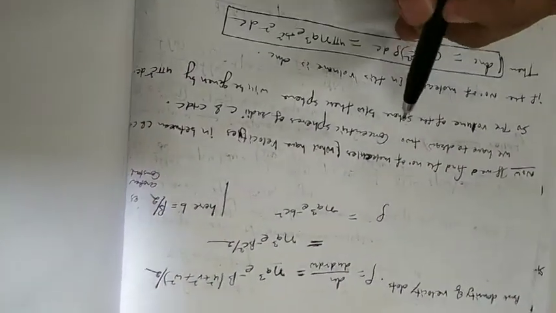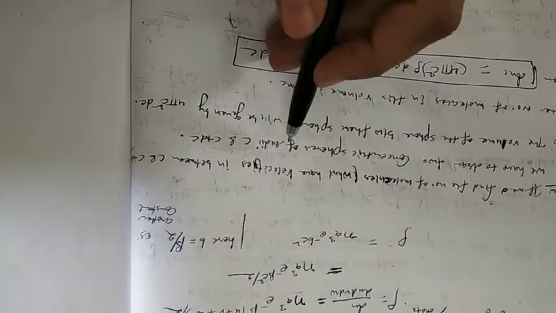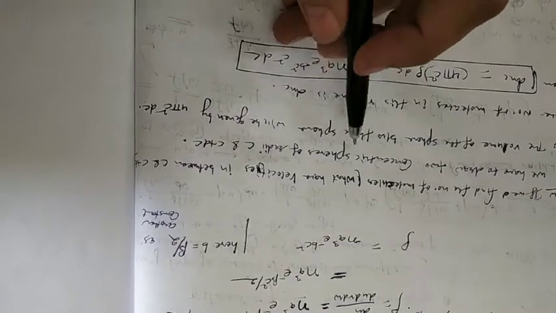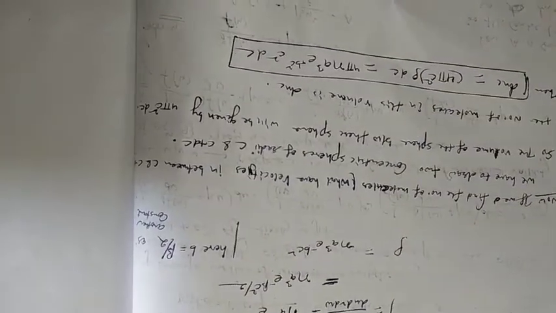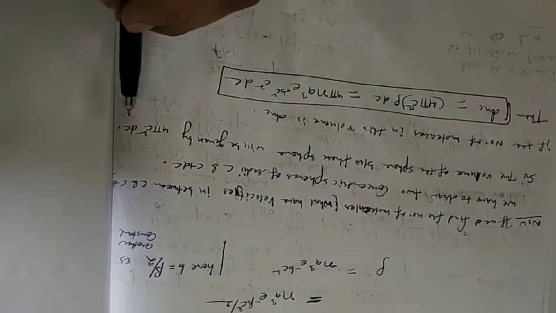But if we want to find the number of molecules between c and c plus dc, then we have to draw two concentric spheres of radii c and c plus dc. Concentric spheres means spheres which have a common center. So the volume between these spheres will be given by 4 pi c squared dc.